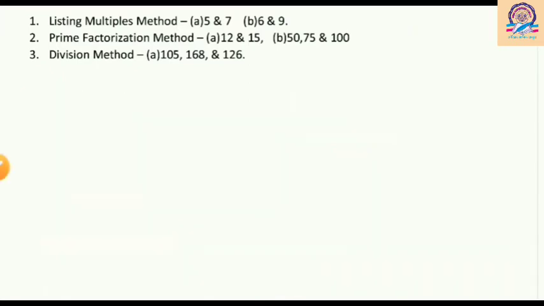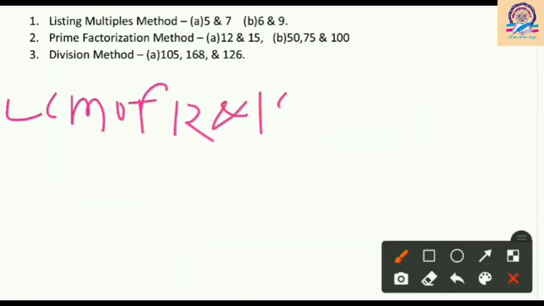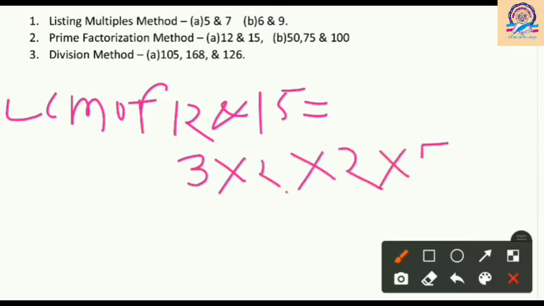So let me erase it all, and here I will write LCM of 12 and 15 is equal to, first the pair was of 3, so 3 into 2 into 2 into 5.